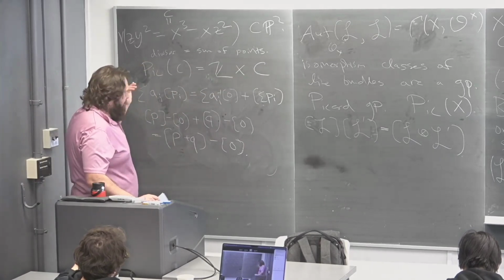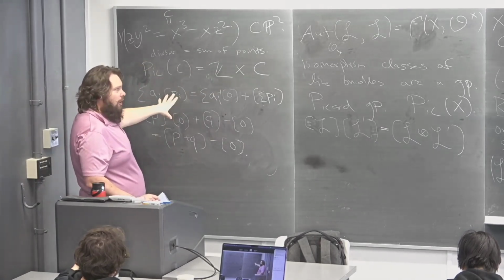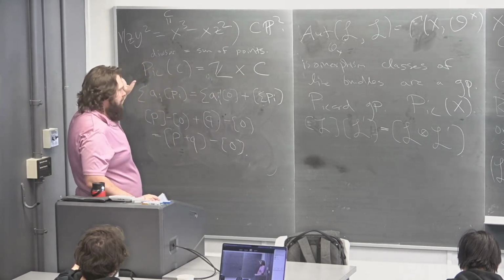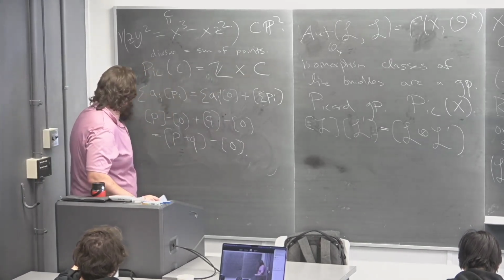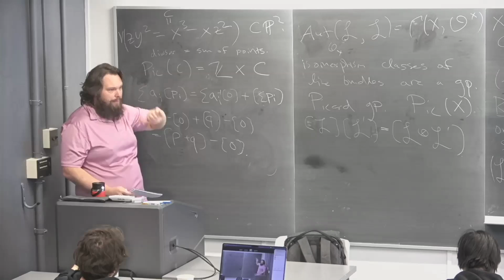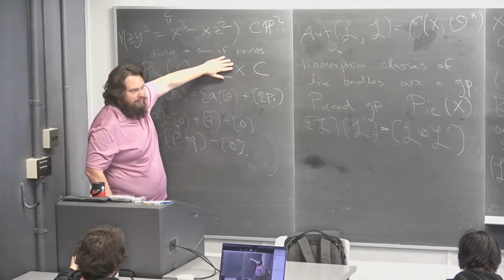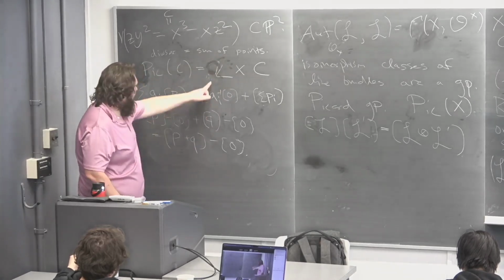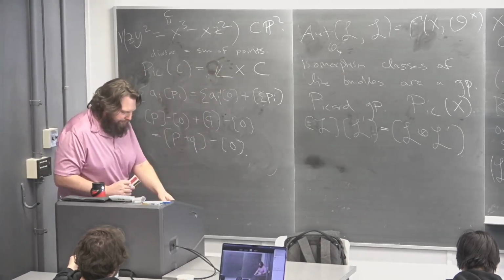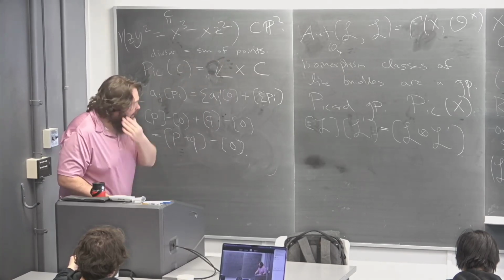I should mention in 446, we actually did talk about this. We talked about the class group of C minus the point at infinity, and then we just got the curve, not the factor of Z. All right.